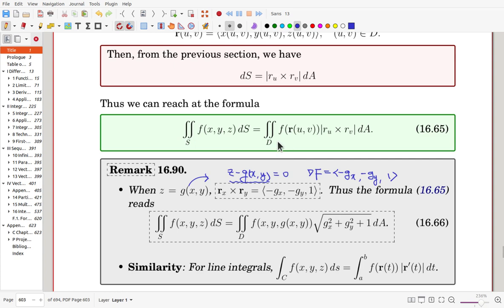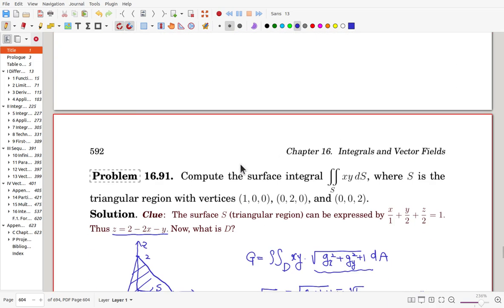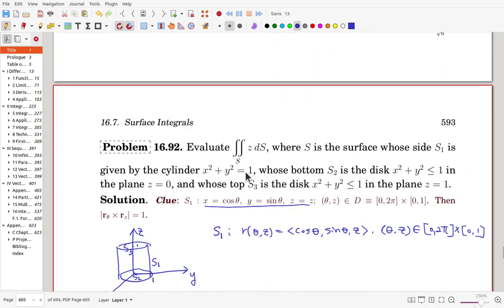We have the integral over the region and this scaling factor. This parameterization is based on the two variables theta and z, so we have to get r theta and r z.